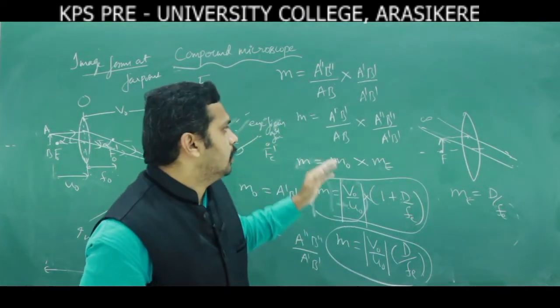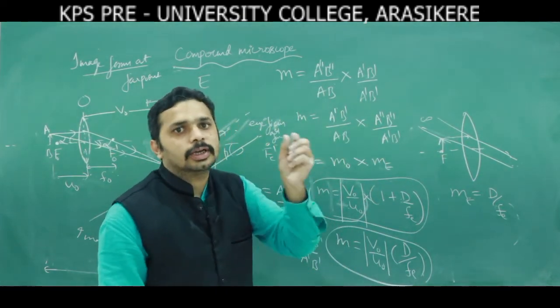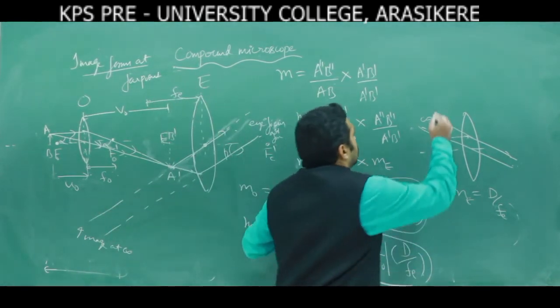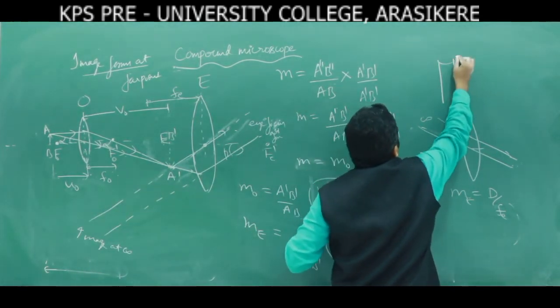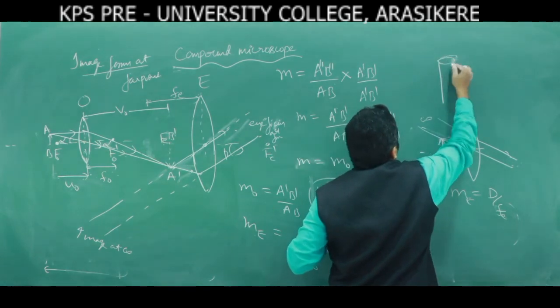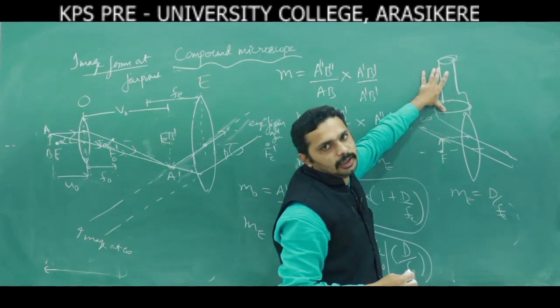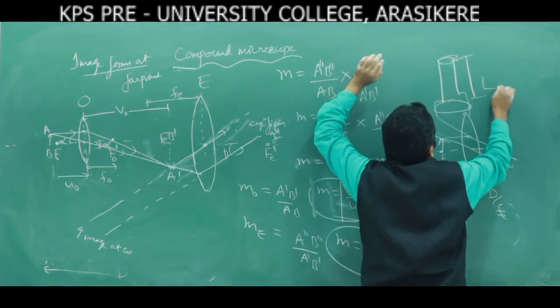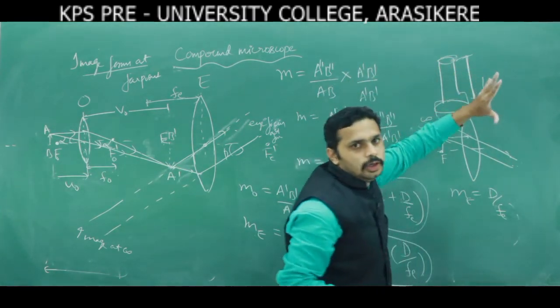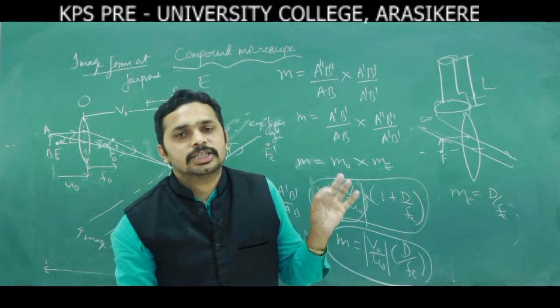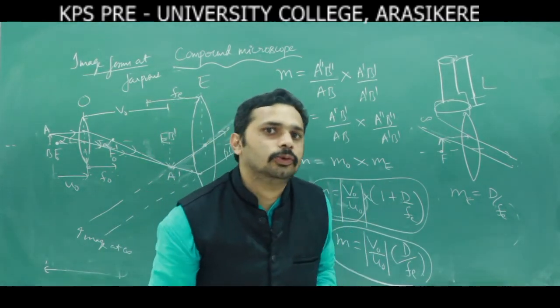I told that the compound microscope consists of a tube. This is the tube. The two ends of the tube consist of one objective lens and the other the eyepiece lens. Two lenses are there. What is L? L is tube length. Now I am going to give the expression for magnification in terms of tube length.